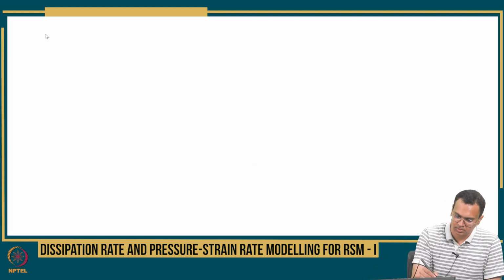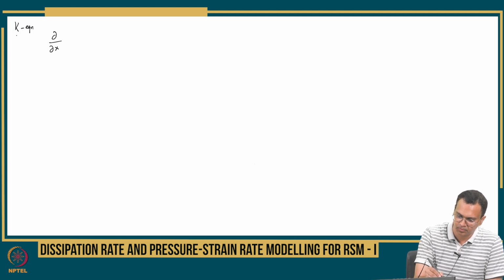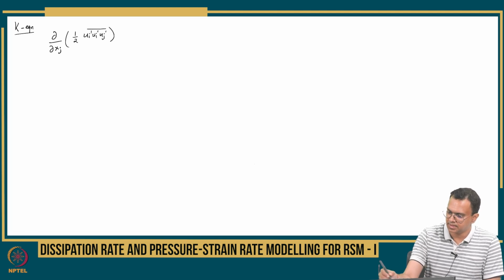So the original equation that we had to model is this. I'm now talking about the k equation: dou by dou xj of half of ui prime ui prime uj prime. This is the exact term.